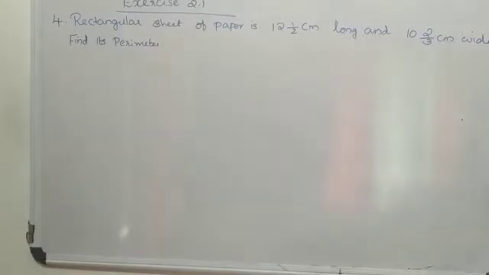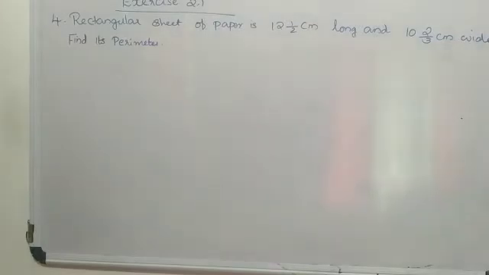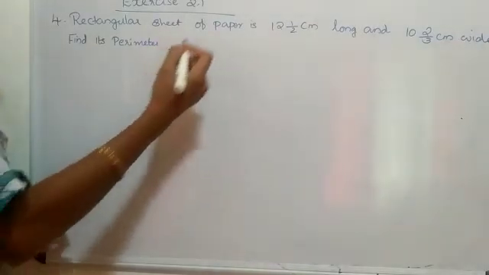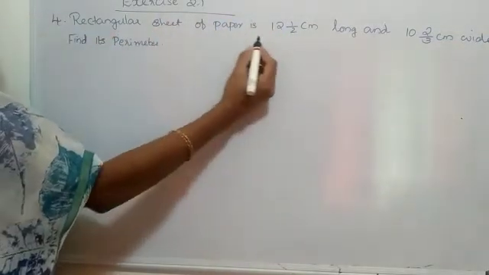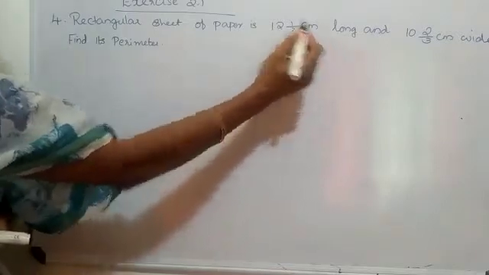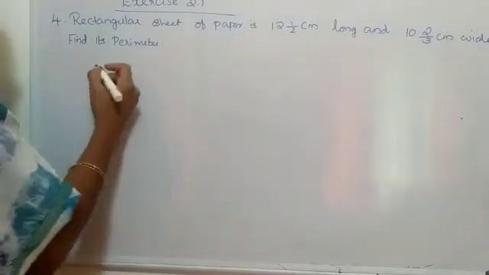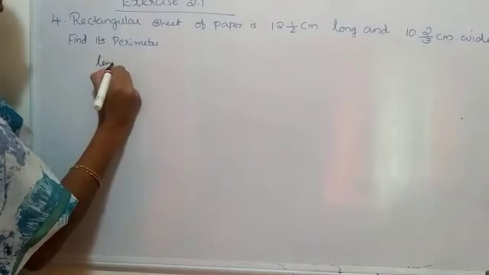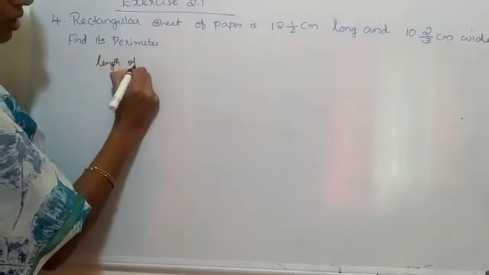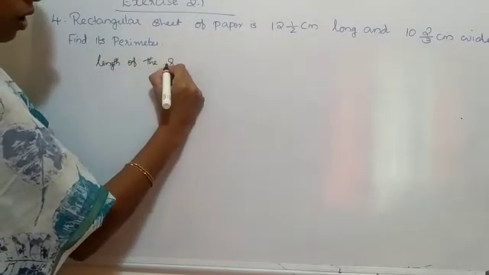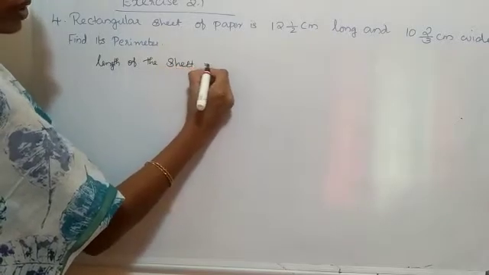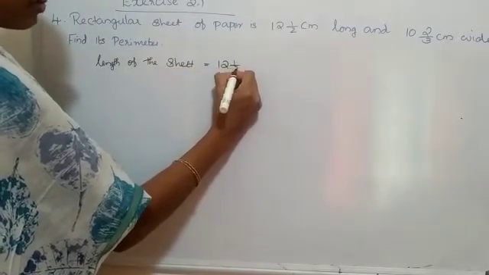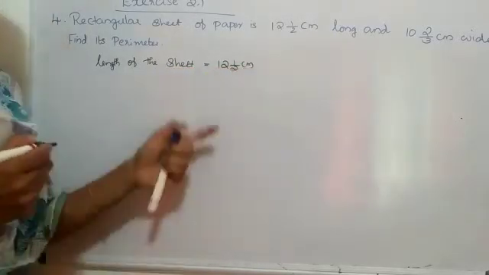Okay, shall we start? Listen here. The rectangular sheet of paper is 12 1/2 centimeter long. So what is the length of the sheet? Length of the sheet is equal to 12 1/2 centimeter.